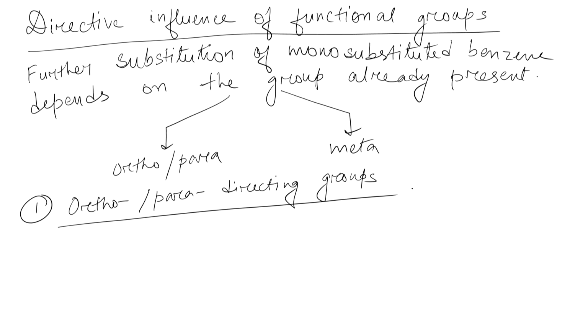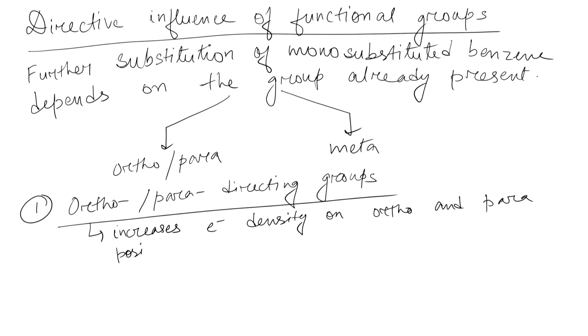So, ortho-para directing groups are those groups which increase electron density on ortho and para positions. Okay.